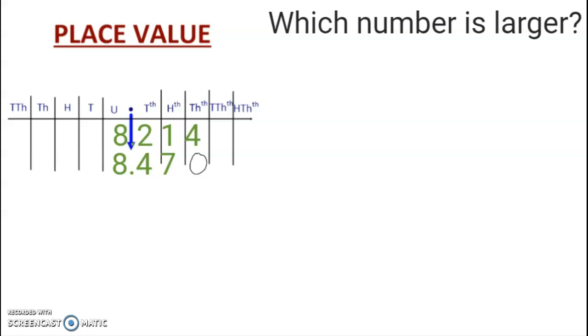So even though it was a shorter number, so I'm just going to put 8.47, so I don't need my place value holder. Even though it was a shorter number, that secret 0 that I don't draw shows me that I have a larger number. If I can just shade it here, I have a larger number in the 10th column. And that is why 8.470 or 8.47 is bigger, because in the 10ths column, 4 is bigger than 2.